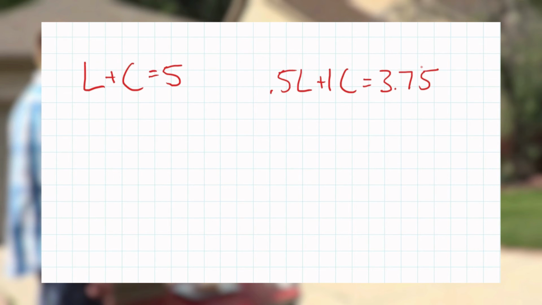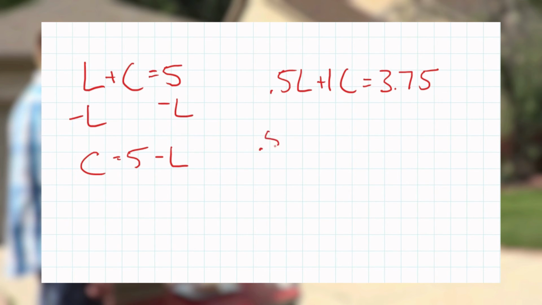Now we can solve it like any other system of equations. Let's start by isolating C in our first equation. We'll subtract L from both sides to get C equals 5 minus L. Now we'll take our equivalent expression for C and plug it into our second equation.